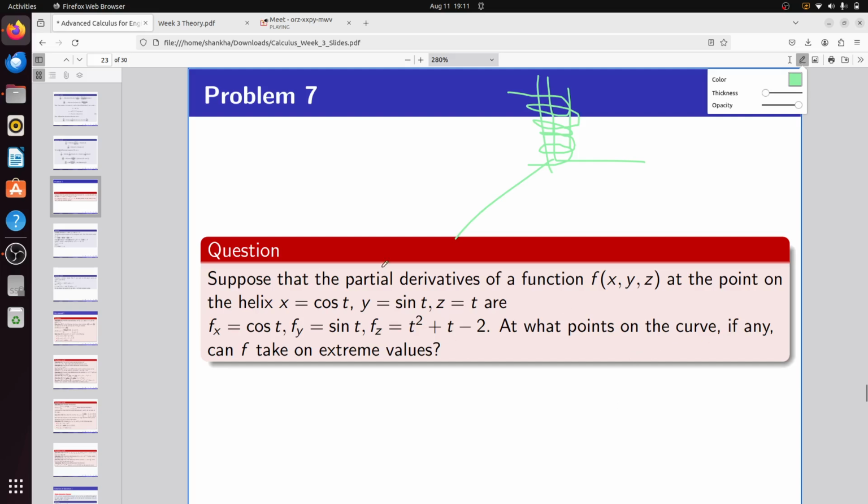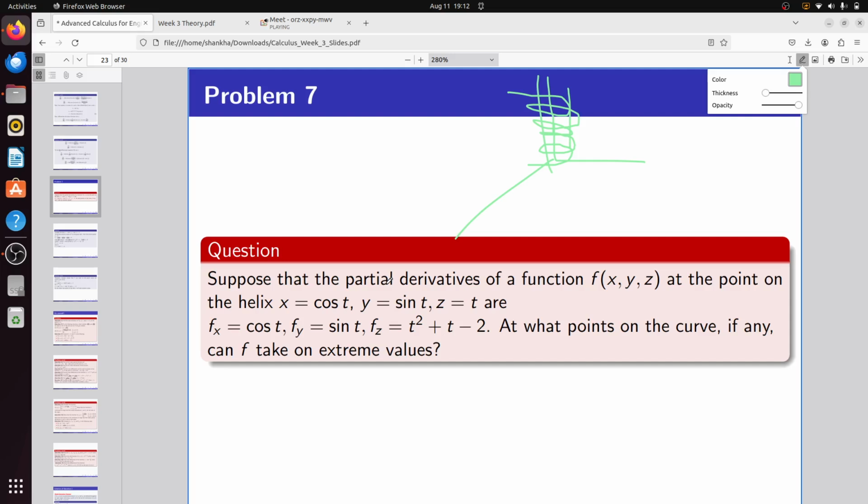Okay, so suppose that the partial derivatives of a function f(x, y, z) at the point on the helix x equal to cos t, y equal to sin t and z equal to t are fx equal to cos t, fy equal to sin t and fz equal to t square plus t minus 2. At what points on the curve, if any, can f take on extreme values?